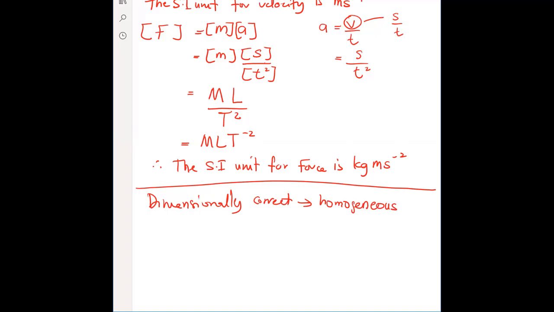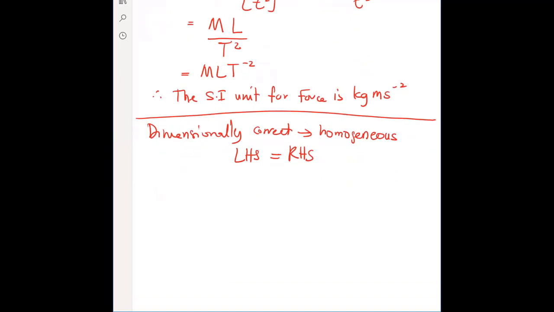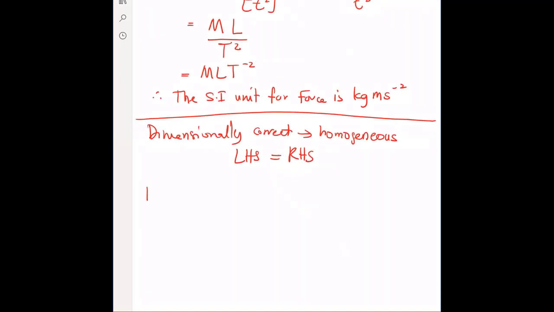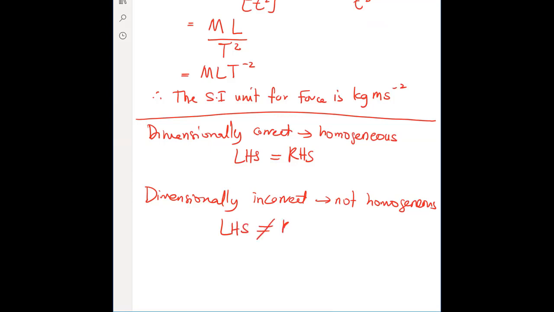What does dimensionally correct mean? The left hand side must equal the right hand side. It is dimensionally incorrect, or not homogeneous, when the left hand side is not equal to the right hand side.